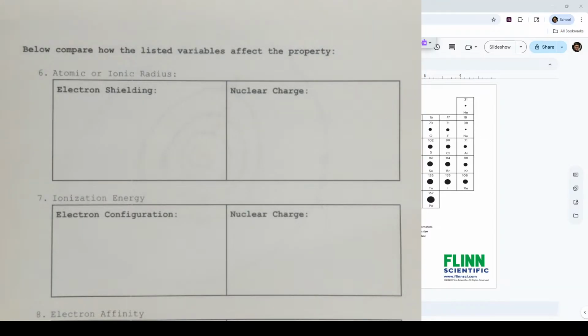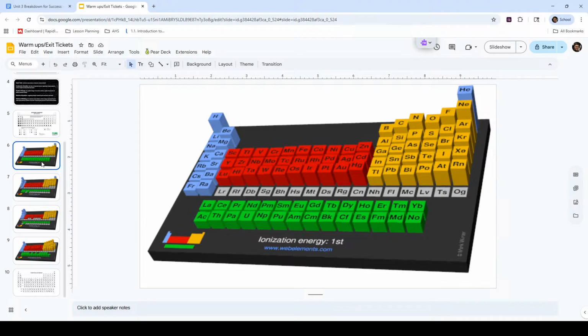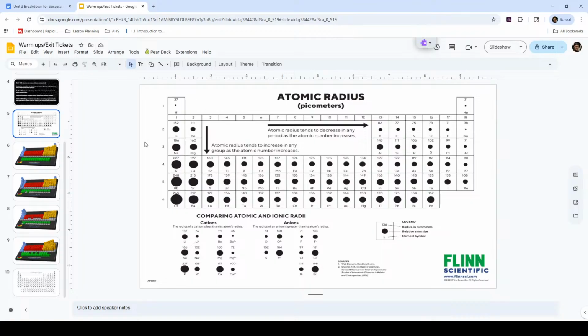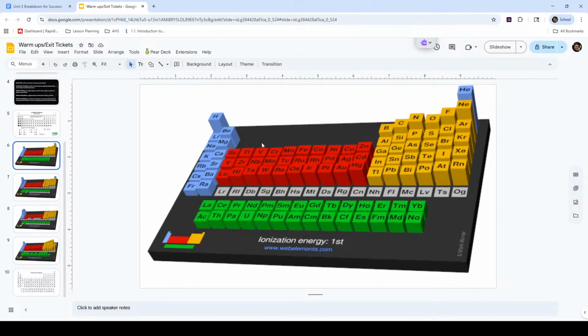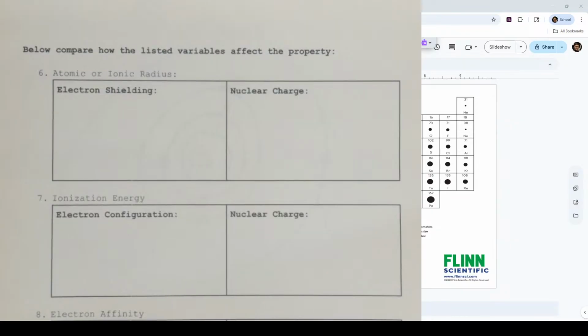I can look at the chart that we had in class, where y'all made these 3D models. Like this is a computer generated one. These 3D models, and look at how atomic radius is different than ionic radius. Actually, I don't have an ionic radius chart, so never mind. We're not going to do that. I don't have that with me right now.